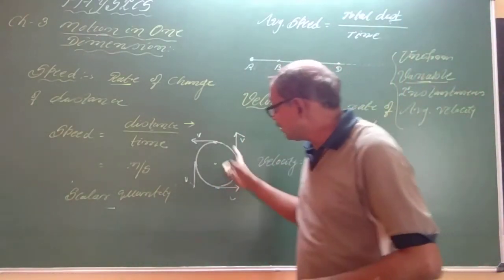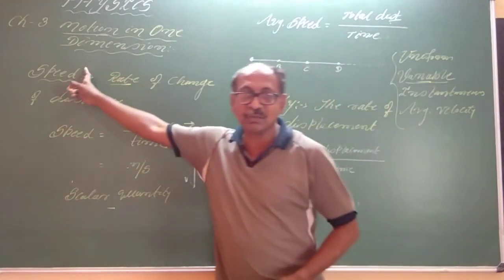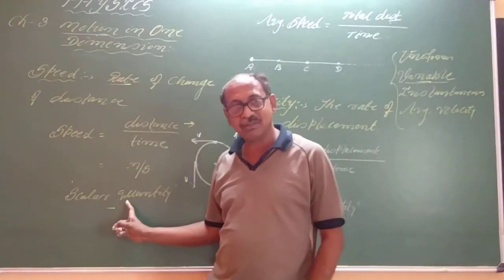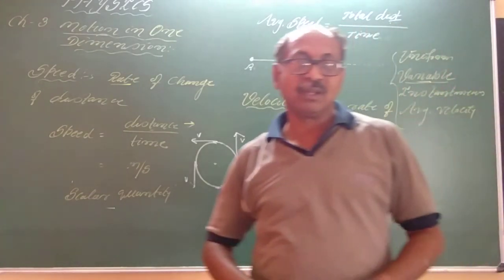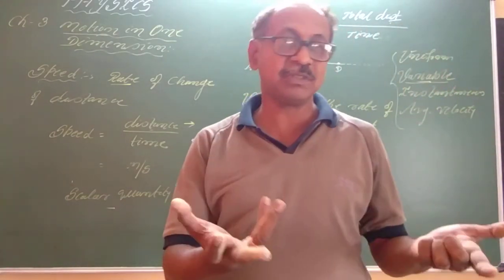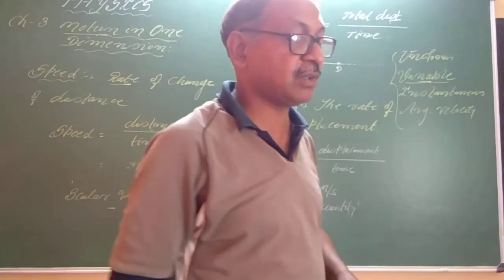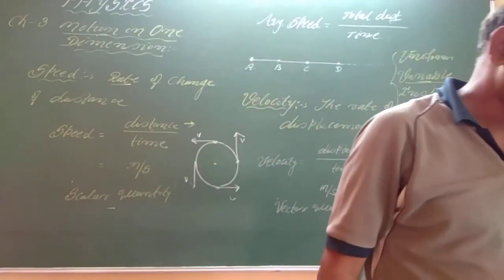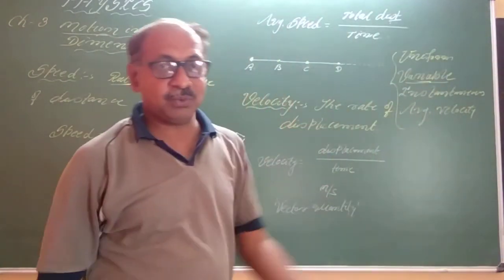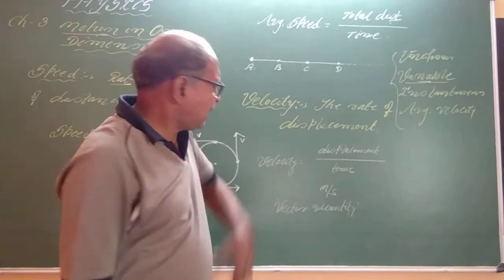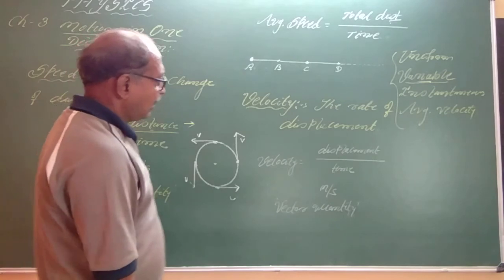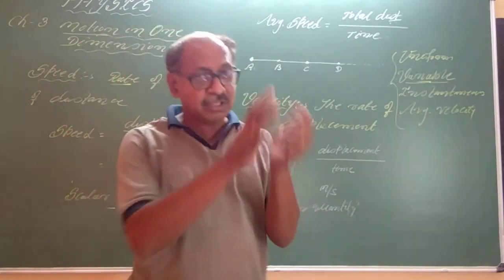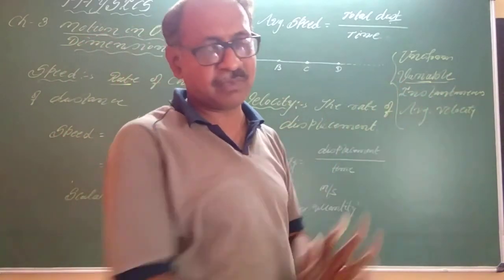But in velocity, sometimes the average velocity becomes zero. These are the differences between speed and velocity.